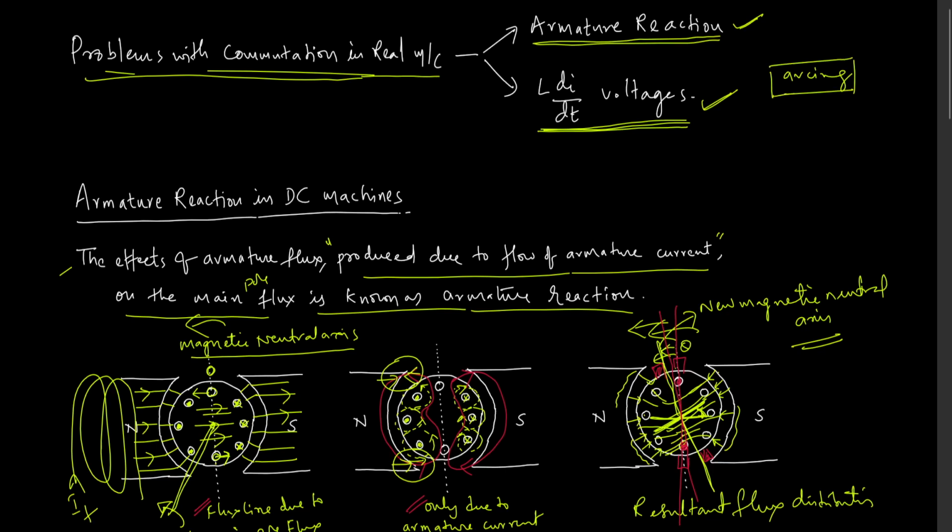So in today's class we have briefly understood the problems associated with commutation. One is armature reaction and the other is L di by dt voltage. In the coming class we will try to understand how to mitigate or reduce these problems. Okay, I'll end this session. Thank you.